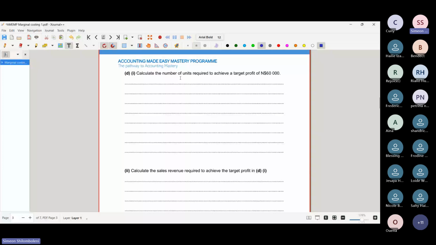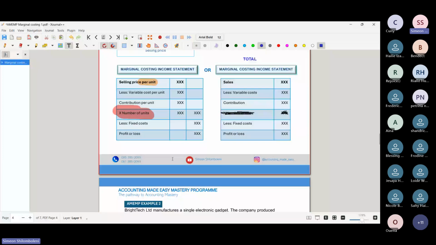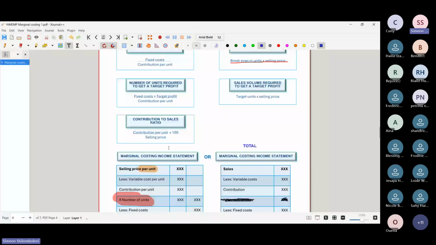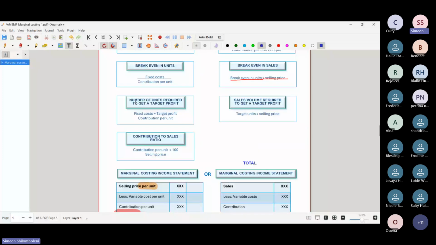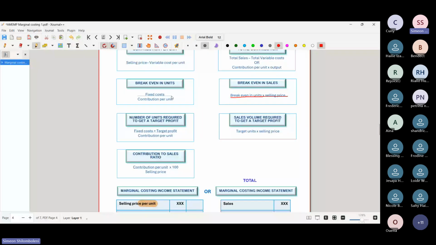Now we go to calculate the number of units required to achieve a target profit. This is a question that you are likely to get. We just go straight to the formula. Okay, it's here. This is the formula. Now, if you check this formula and this formula, they are the same.